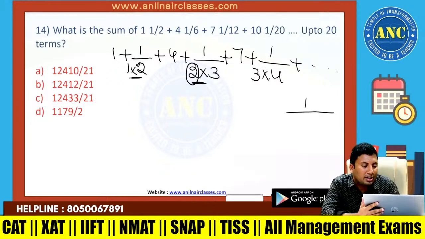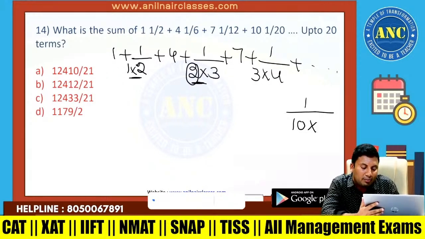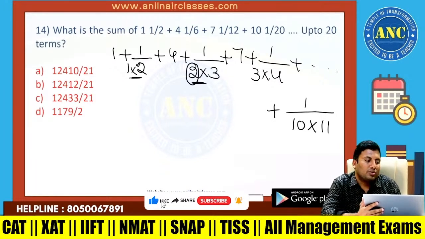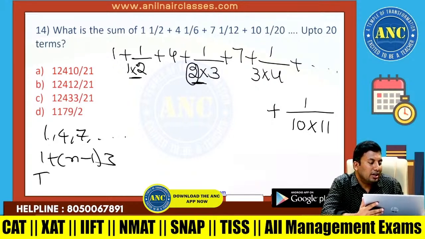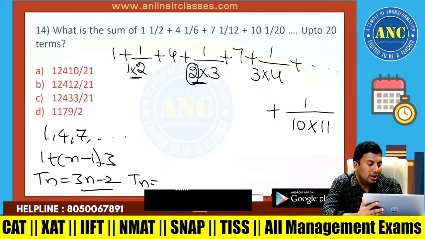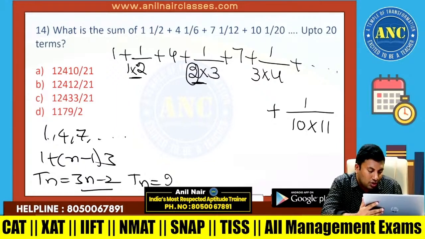Tenth term denominator is 1 by 10 into 11, plus 1 by. Here it is 1, 4, 7 and so on. A plus n minus 1 into D. Tn is nothing but 3n minus 2. So Tn is 30 minus 2, 28.